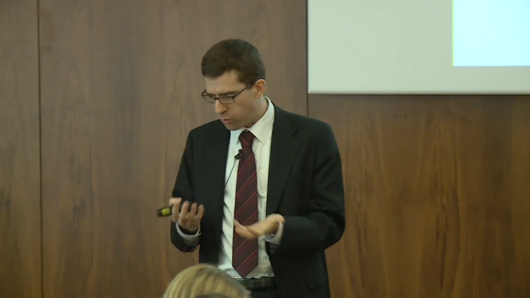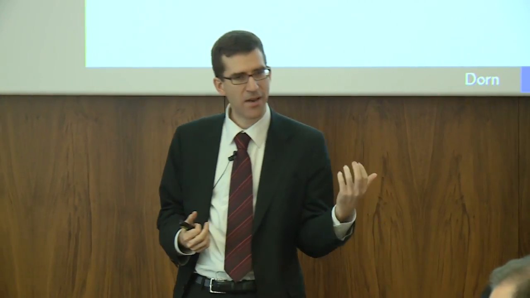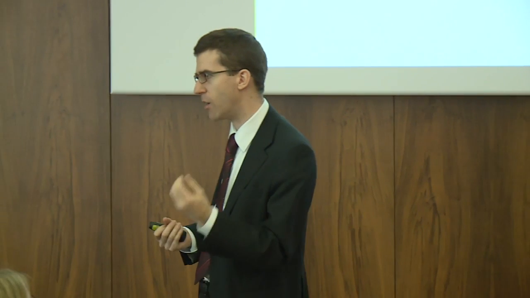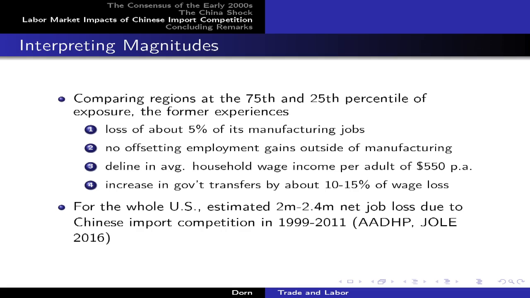If we quantify all these effects, we can, for instance, compare two geographic locations in the United States who have fared very differently over that time. One would be a place at the 75th percentile of trade exposure, meaning more exposed than 3/4 of the rest of the country.